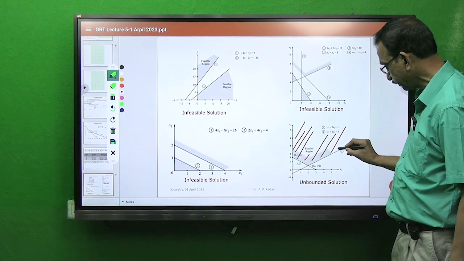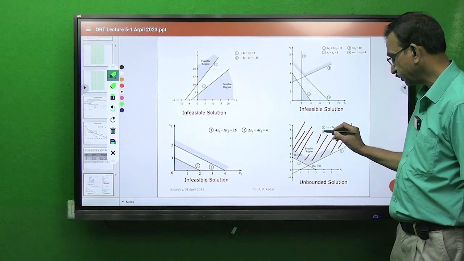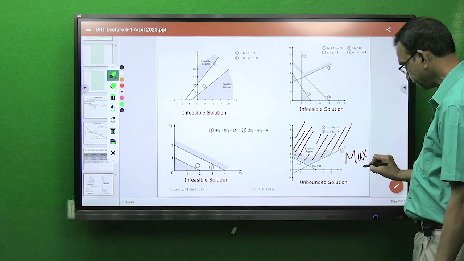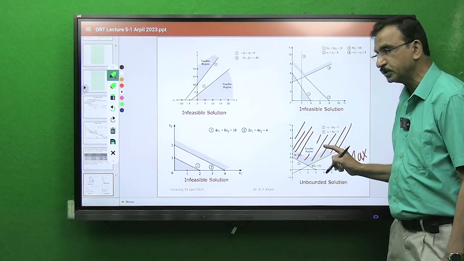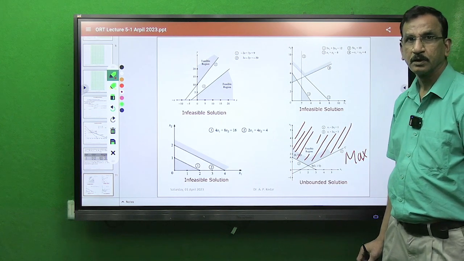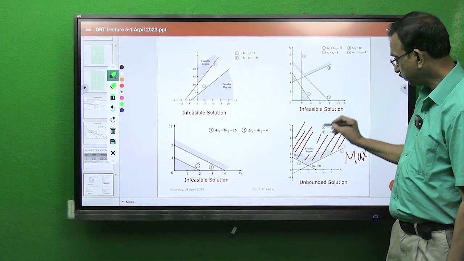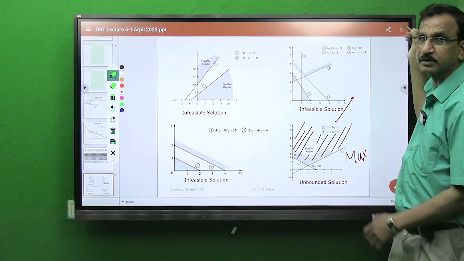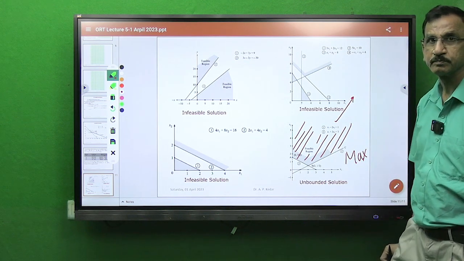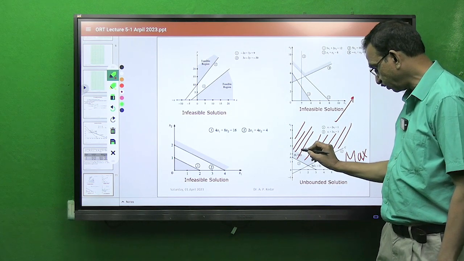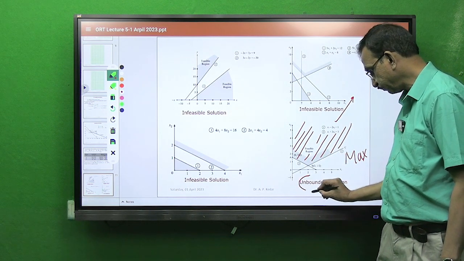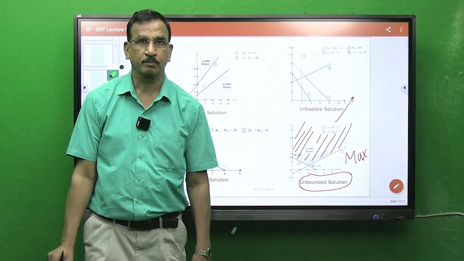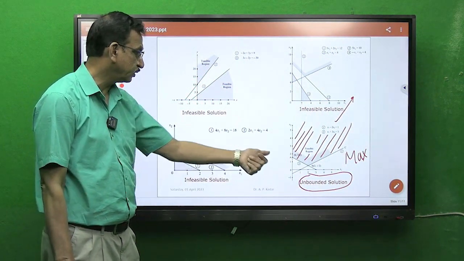Now if objective function for this case is maximize, your answer will be at some infinity. The maximum answer will be at some infinity, farthest distance you cannot reach. The interpretation of such cases is that the problem has an unbounded solution.